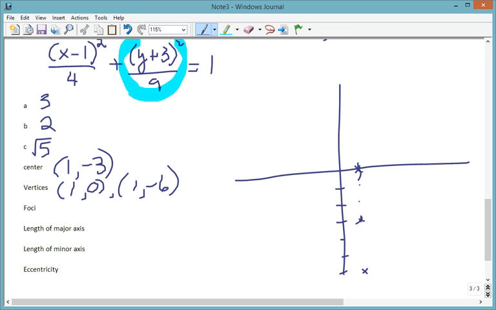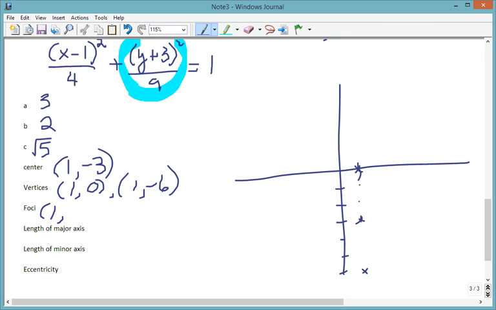My foci are going to be on that same major axis, right? So they're also going to be over 1. And I should have given myself more room. So now we have this square root to add on here. So I'm going to go from my center up square root of 5.